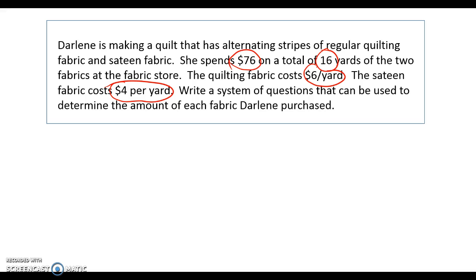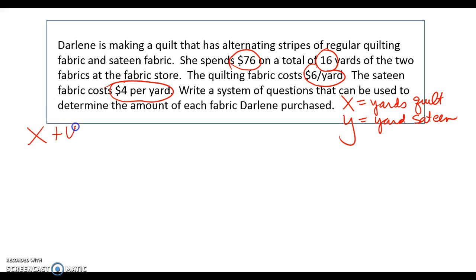So let's define some variables, and let's say X will be the number of yards of the quilting fabric. Y will be the number of yards of the sateen fabric. Well, she bought a total of 16, didn't she? So the number of quilting yards plus the number of sateen yards had better be 16. Okay, well, let's look at the cost now.